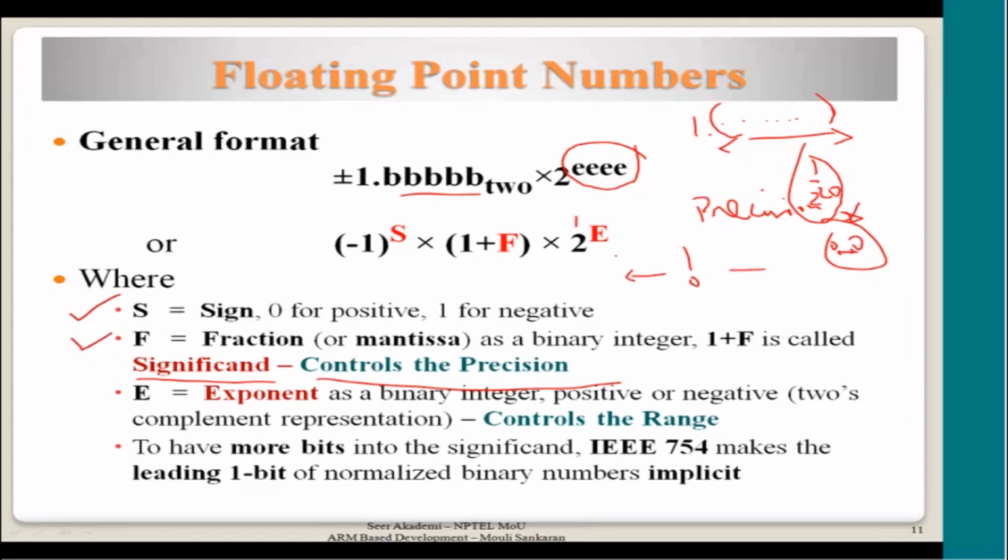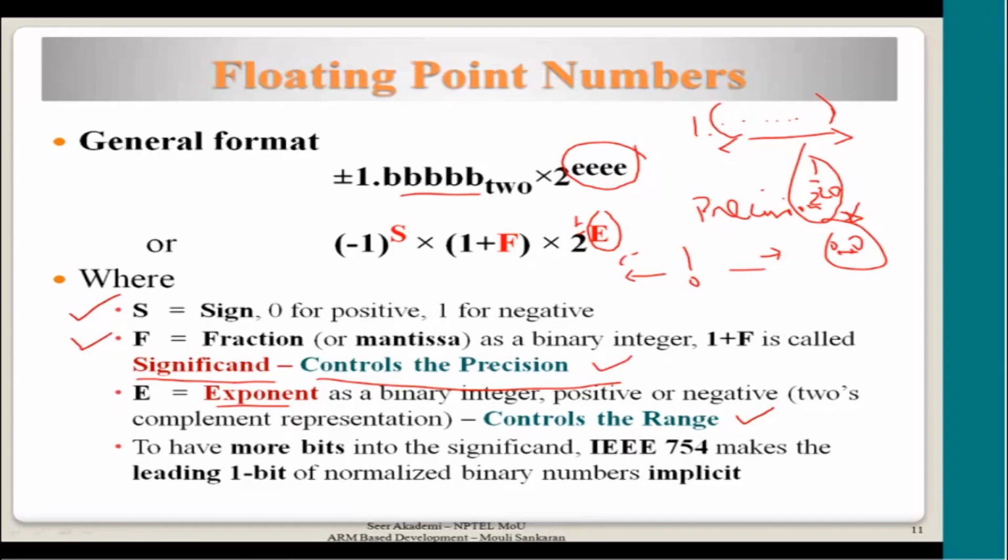Plus or minus. So if I give you more bits here, you can represent more and more bigger values, either towards the positive side or towards the negative side. So the exponent portion gives you a wide range. The number of bits that you give for the significand part of the representation gives you more precision to the number.